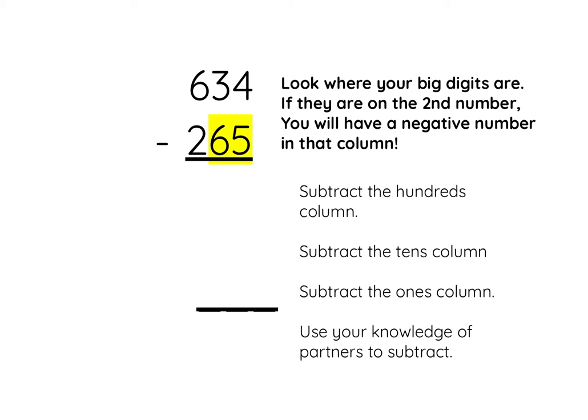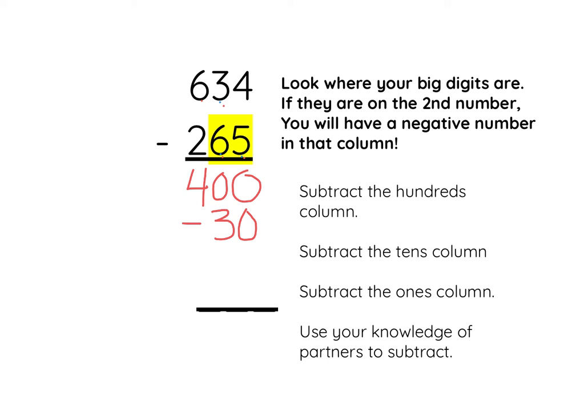635 subtract 265. Notice my 60 is larger than 30. 5 is larger than 4. So we're going to subtract, but we're going to have a negative in the tens column and a negative in the ones column. 600 minus 200 equals 400. 30 subtract 60 equals negative 30.